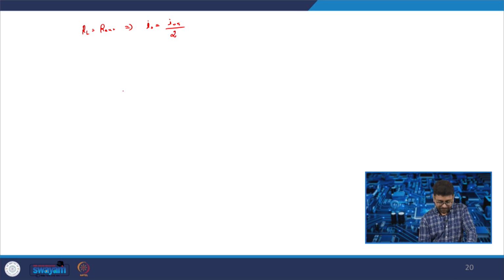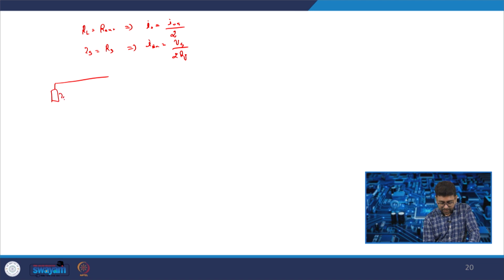Similarly, at the input side you have ZS equal to RS, then your input current I in is half, due to Vs by 2 Rg. So, here we have considered a source Vs with Zs and Rg, that is the input side.